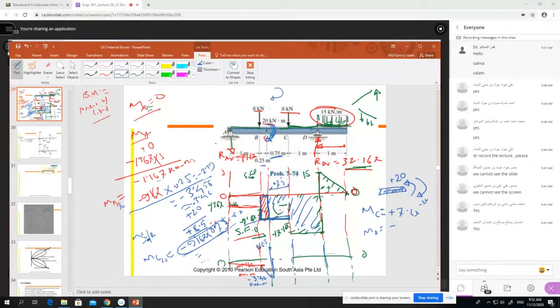We have 16.5 minus 6.87, right? So 9.87 something. Can you calculate and tell me the result? Correct result? 9.167 into 0.75 is 6.87, and you have 16.5.